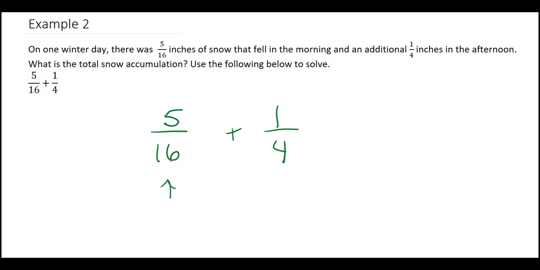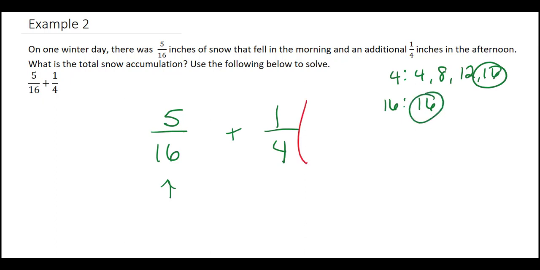If we go with the multiples, we can go 4, 8, 12, and 16, and 16 starts out with 16. So this is our least common denominator, so we're going to multiply the second term by 4 over 4. Another way to show you, 1, 2, 3, 4, you can see the pattern.